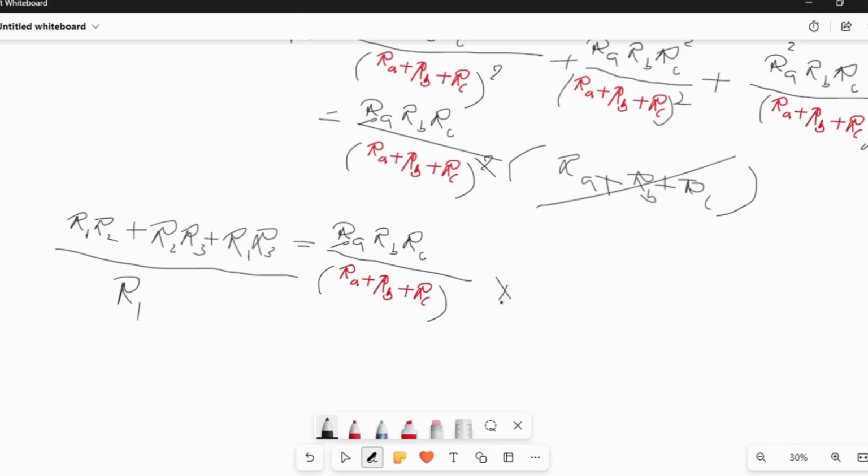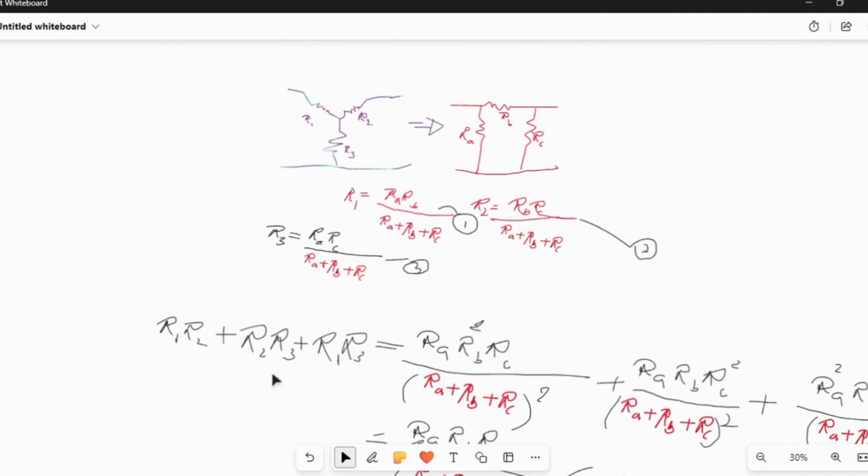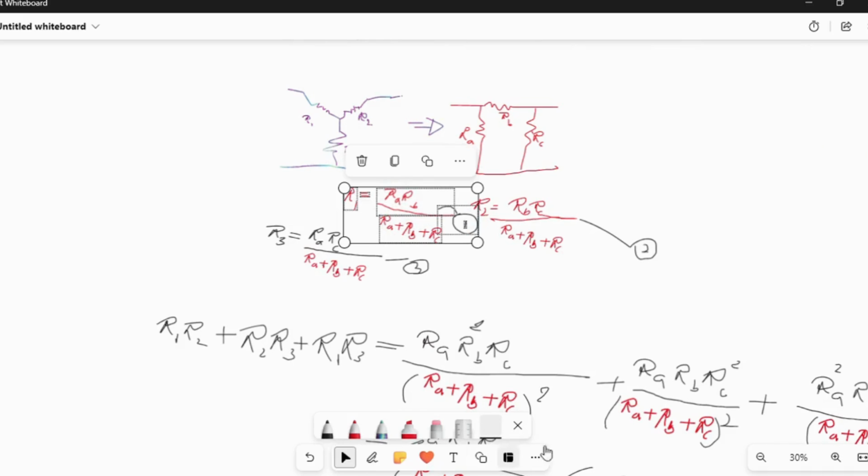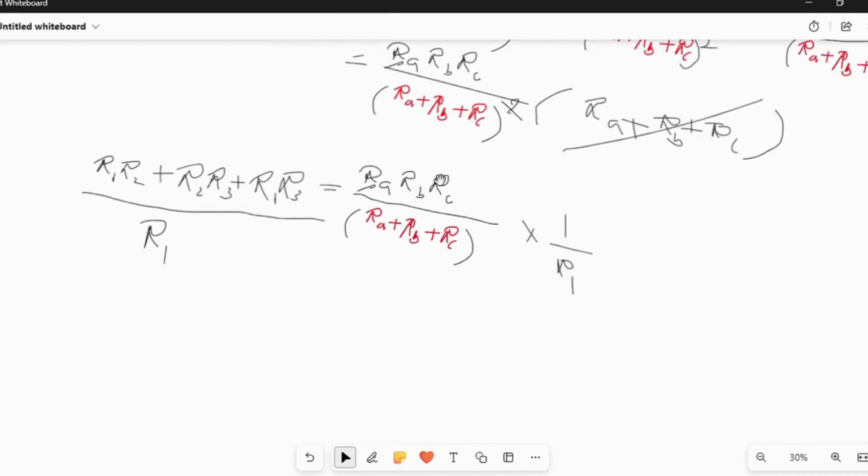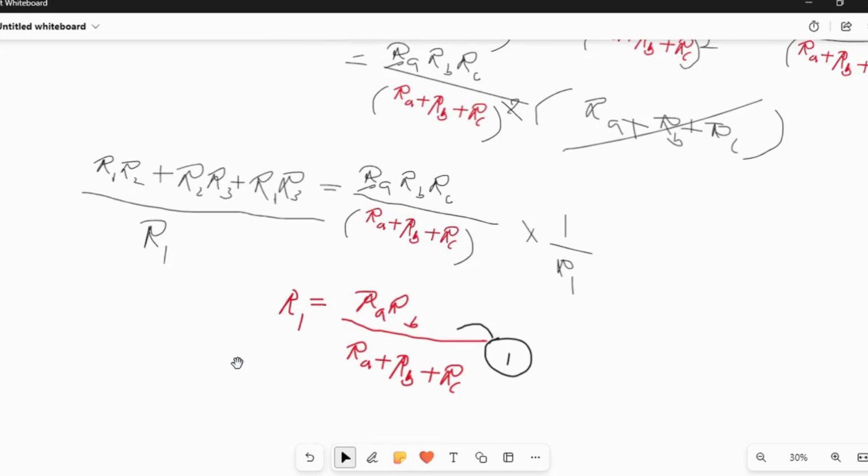So what is R1 here? According to what we discussed, this is R1, from equation 1. Then substitute this into both sides.